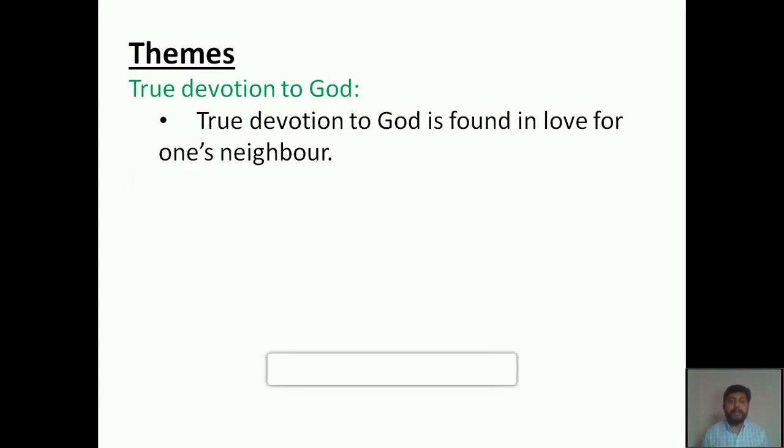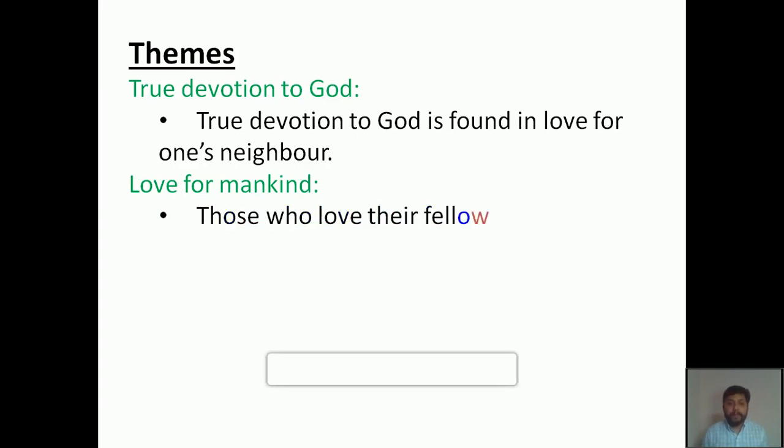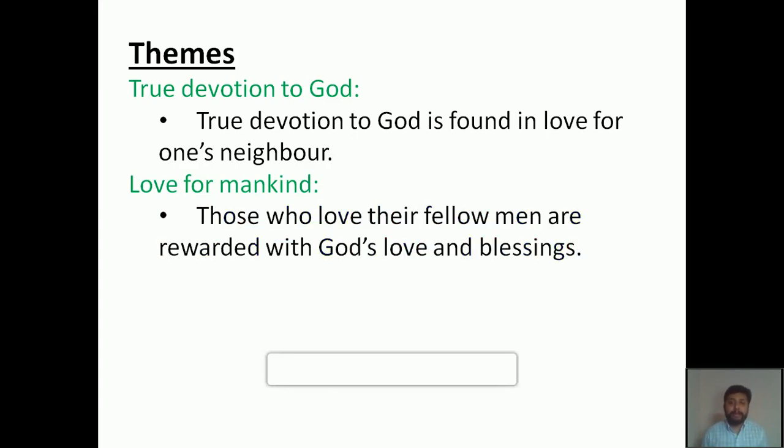And the second theme is love for mankind. Those who love their fellow men are rewarded with God's love and blessings. So the second theme expressed in this poem is love for mankind.